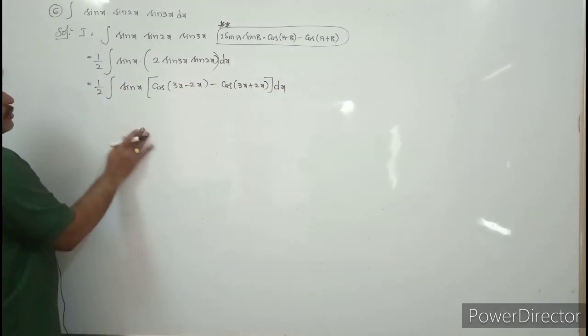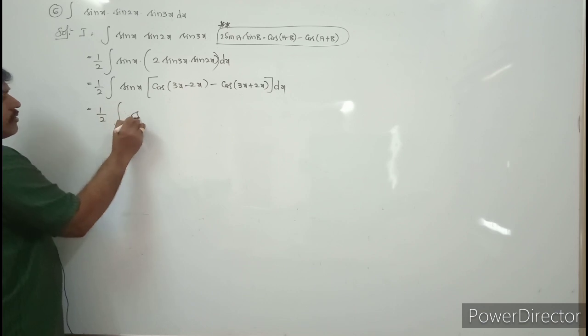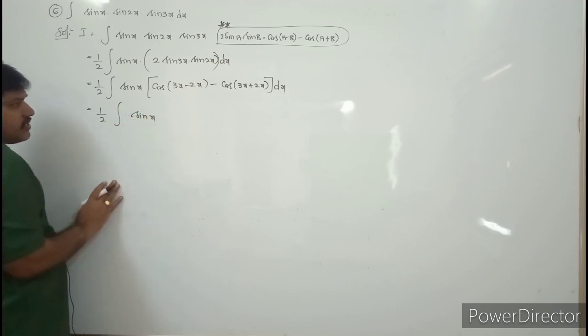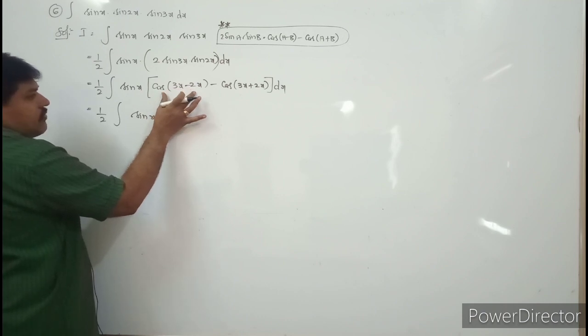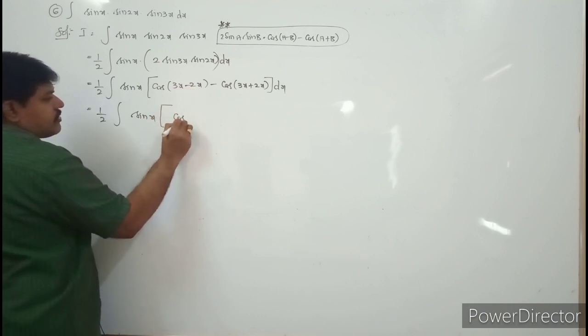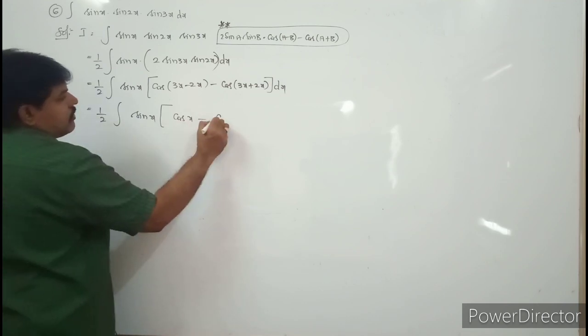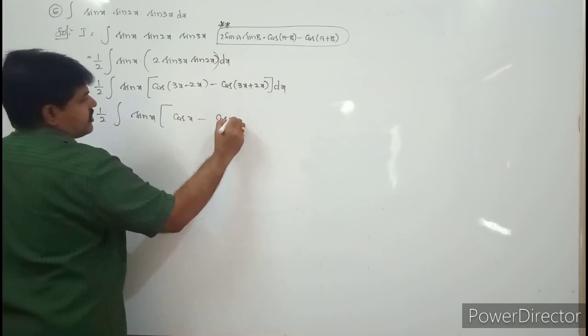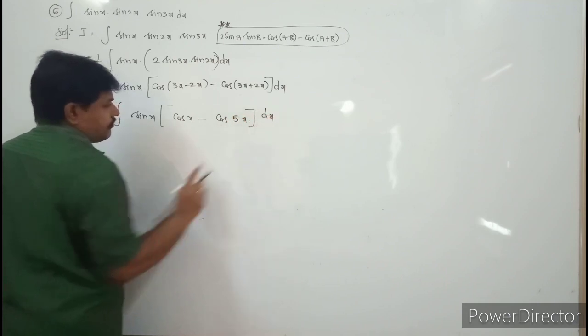So 1 by 2 into the integral of sin x times cos x, since 3x minus 2x is x, minus cos 5x, since 3x plus 2x is 5x, into dx.